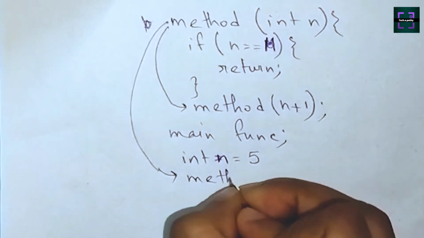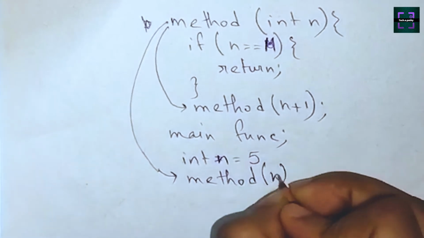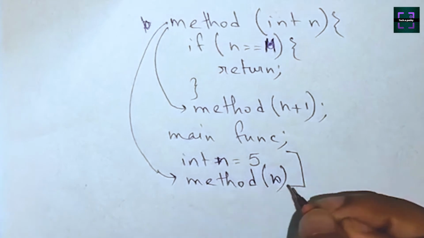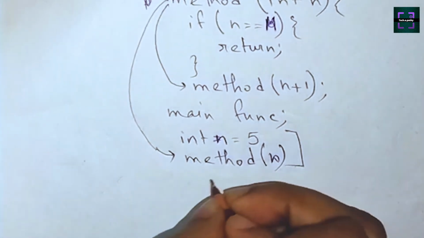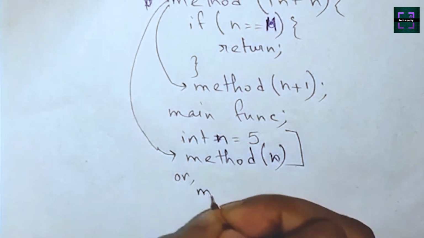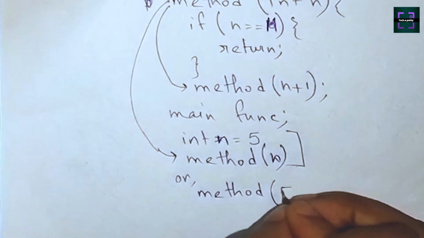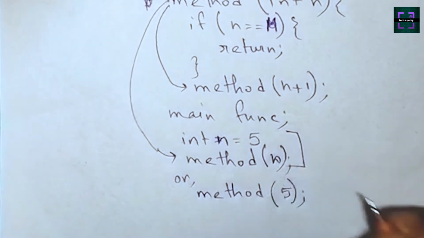So method of n, or in these two lines we can skip and we can simply write only method with n equals 5, only 5. This will give the same result.